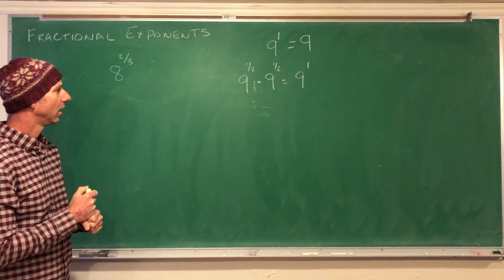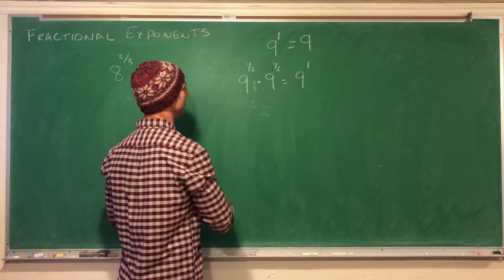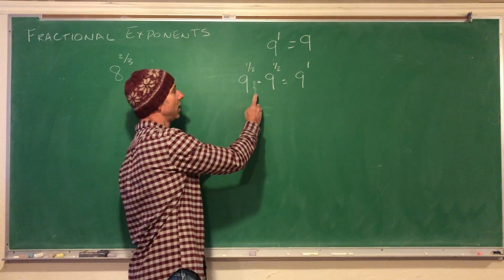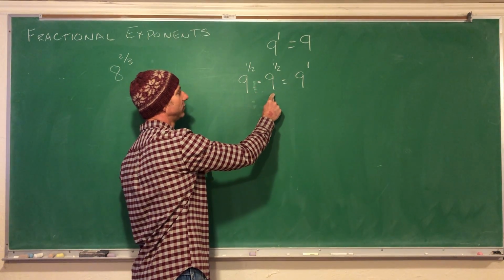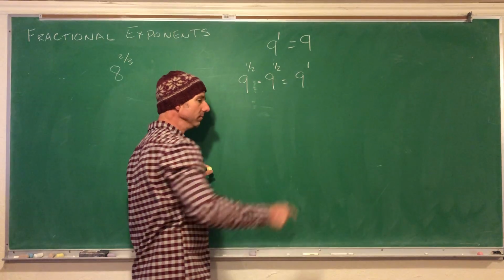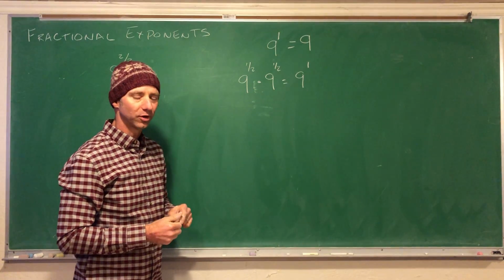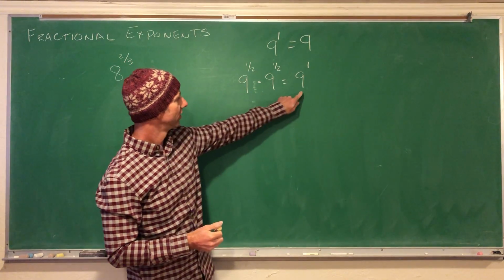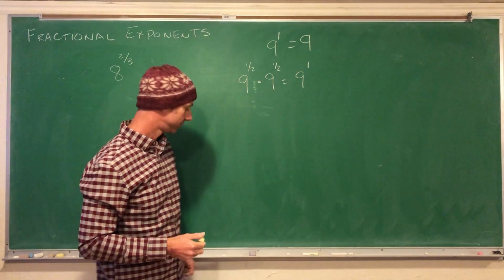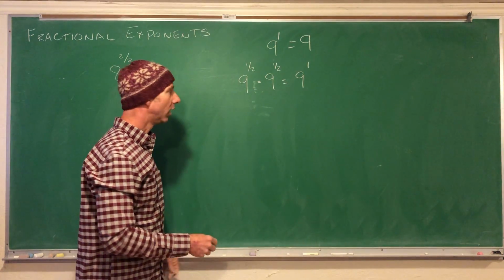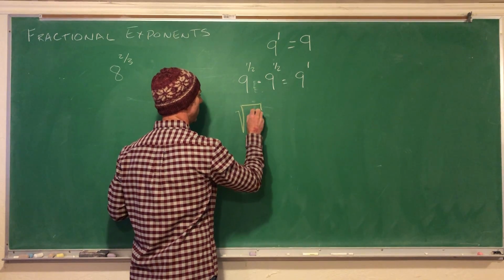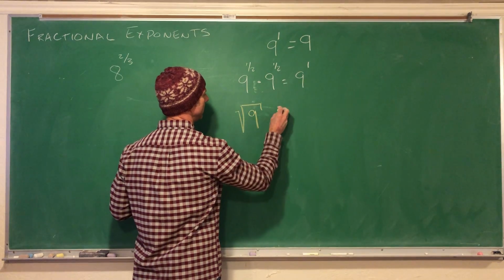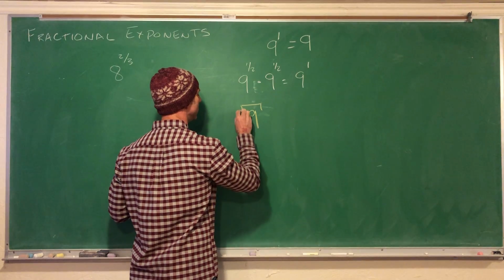And what else are we looking at here? Here we have a number times itself to give me the number 9. What number times itself gives me the number 9? Well, how about this? Square root of 9.